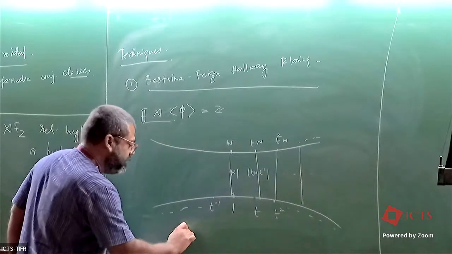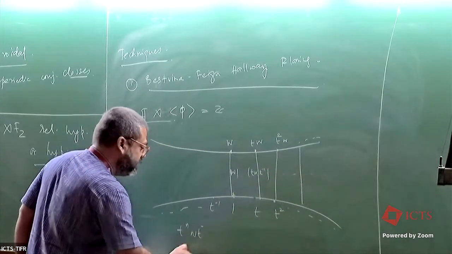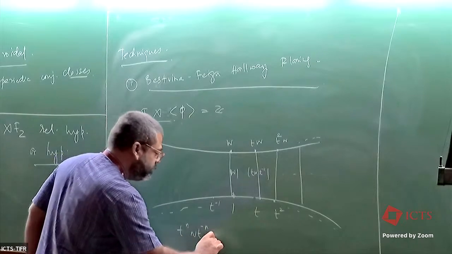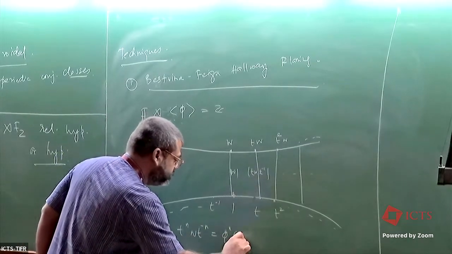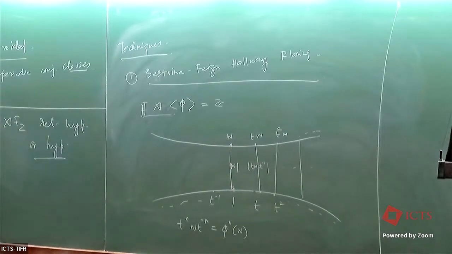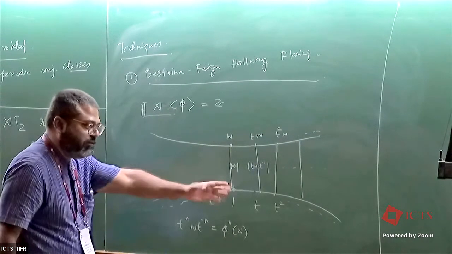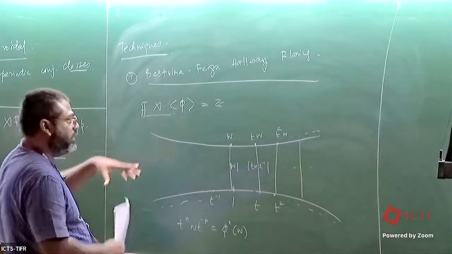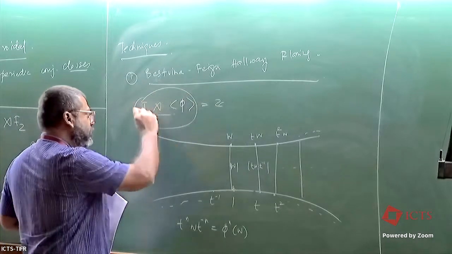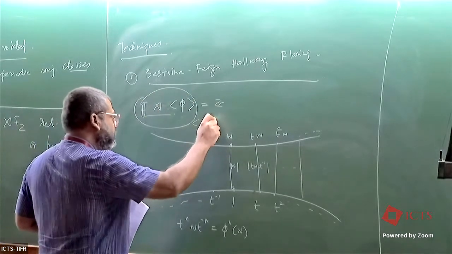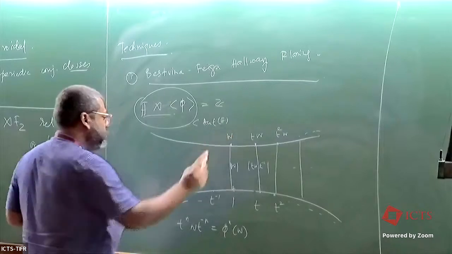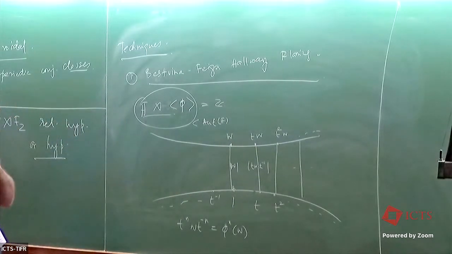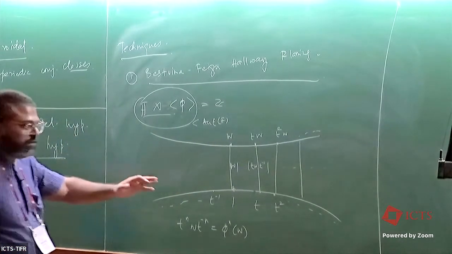So T to the power n W, by the relation that we have in the group, is this. Right? We are picking some lift here, and this is a subgroup of Out(F). All right, so you have this lift.